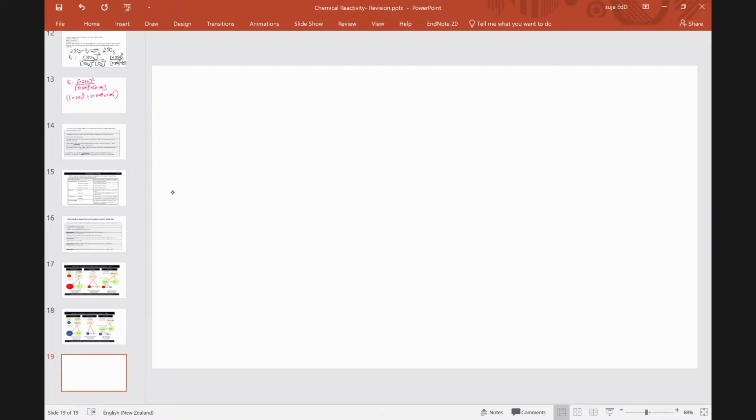So what does pH stand for? pH stands for the concentration of H3O+ ions, that is the hydronium ions. If the concentration of the hydronium ion increases, the pH goes lower.